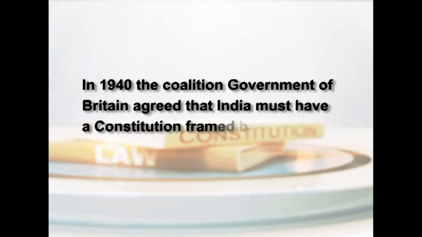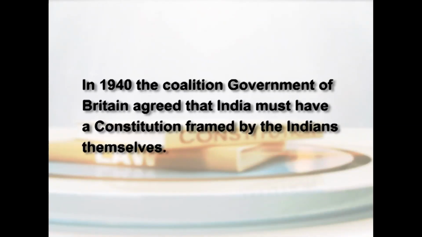So, in 1940, the coalition government of Britain agreed that India must have a constitution framed by the Indians themselves. Following World War II, therefore, the British rulers announced their Indian policy and decided to convene a constitution drafting body, again made by the Indians themselves.